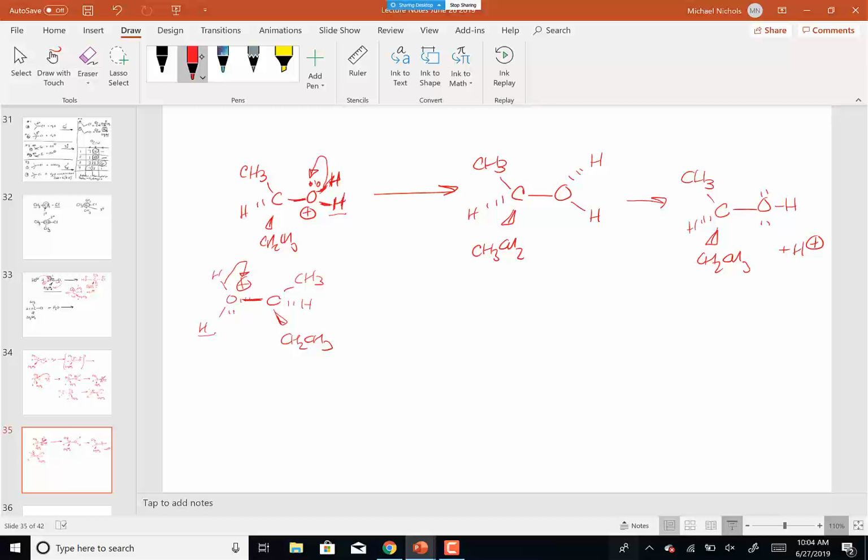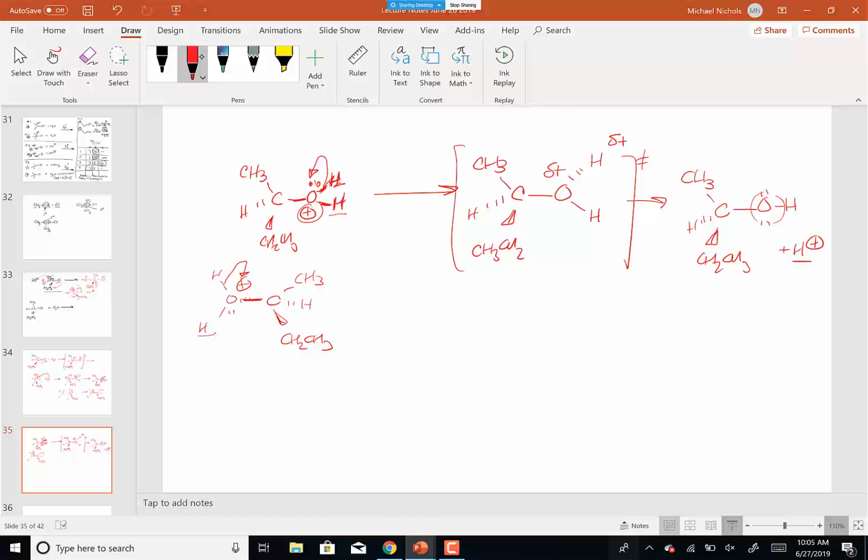So what bond got broken? The OH bond. Charge of +1, 0. Charge in the transition state: delta positive, oxygen going from +1 over here to 0 here. Delta positive on the oxygen. So if you have to, write the product and then average it out to get the resonance hybrid.